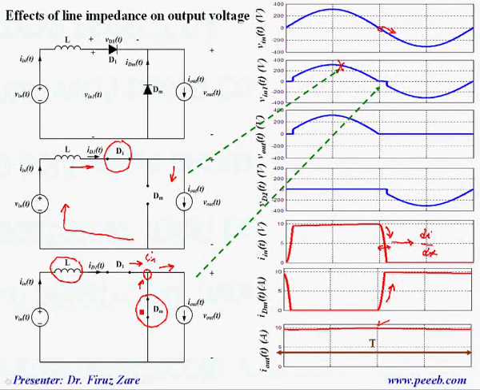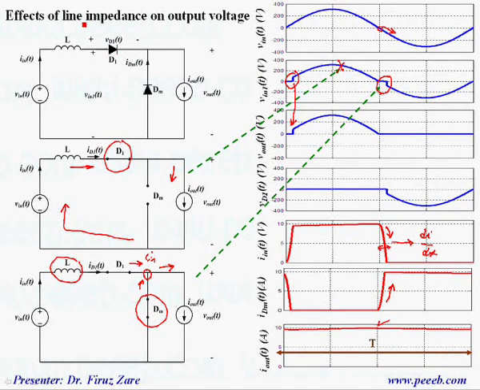In this case we can calculate the output voltage, because this phenomenon happens two times, one here and the other at the beginning of the positive cycle. So this one can affect output voltage, and also line voltage.